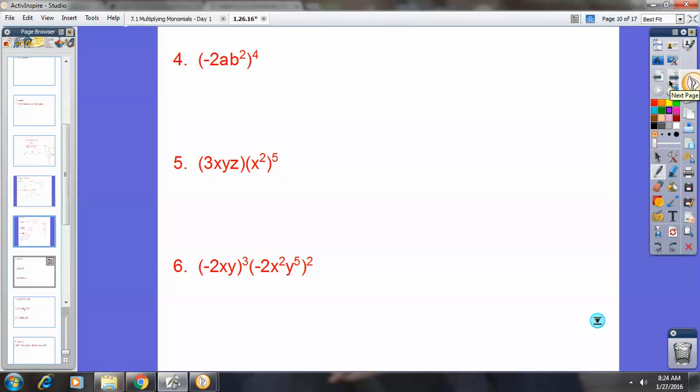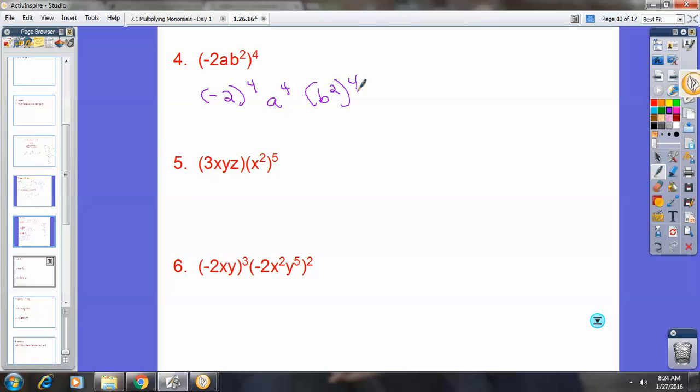In this example, is negative 2 included when we take it to the 4th power? Yes. There's nothing to take care of inside the parentheses, so let's move to exponents. Let's take everything in the parentheses to the 4th power. The first thing we need to take to the 4th power is negative 2.